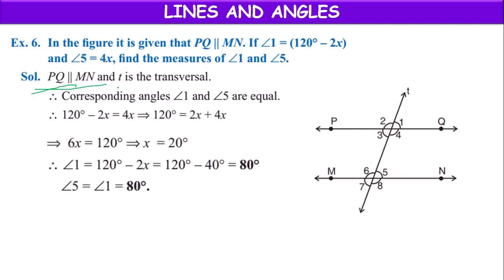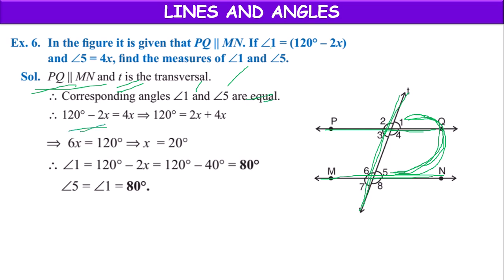PQ is parallel to MN, and T is the transversal. According to the parallel lines concept, these two angles lying above the line, on the right side of the transversal, make a corresponding angles pair. Corresponding angles are equal, so angle 1 and angle 5 are equal.